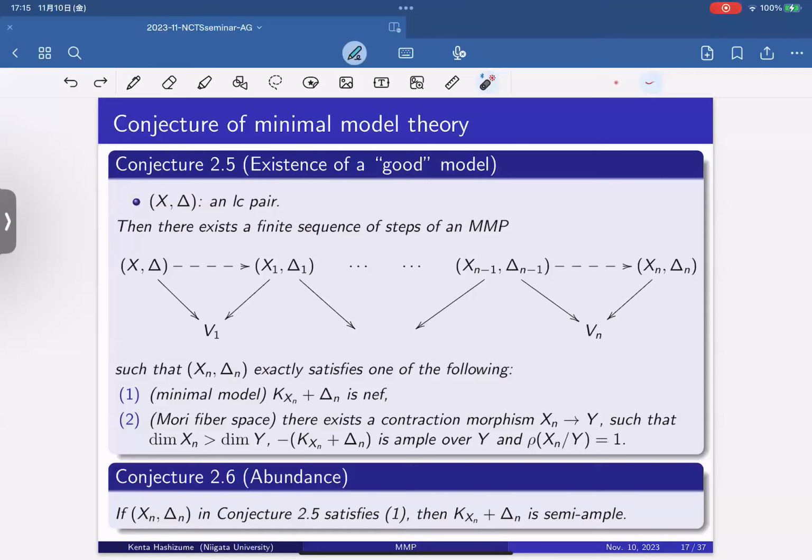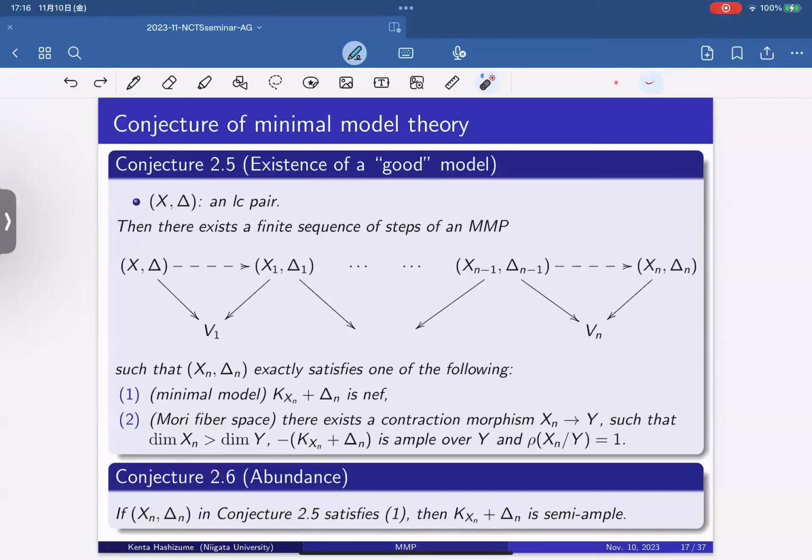Here, minimal model means that the log canonical divisor is nef. And a Mori fiber space has the structure of a special kind of fibration.